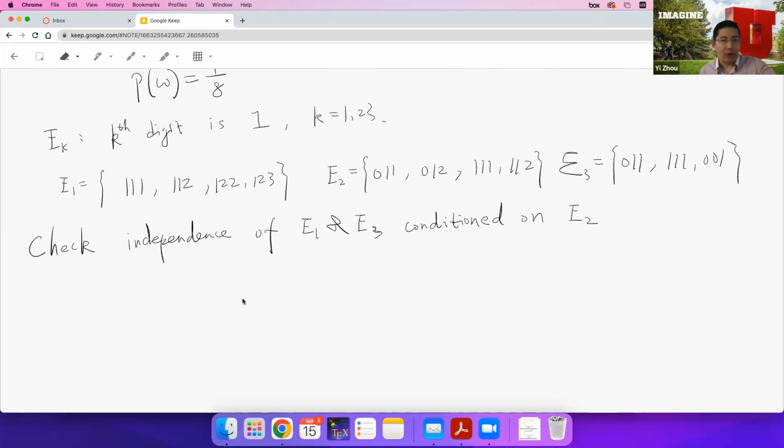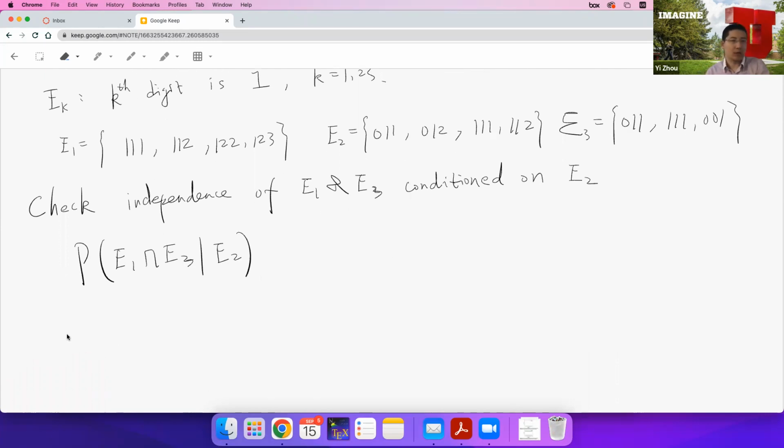For this we just need to follow the definition of conditional independence. In order to verify this, we need to look at the joint event under the condition on E2, and also look at the product of these two conditional probabilities.